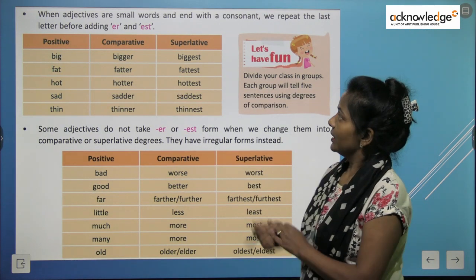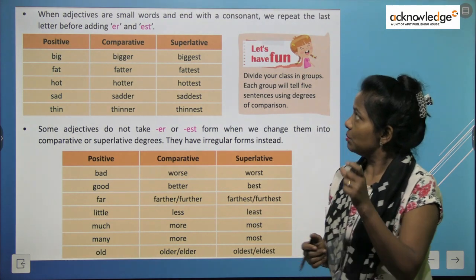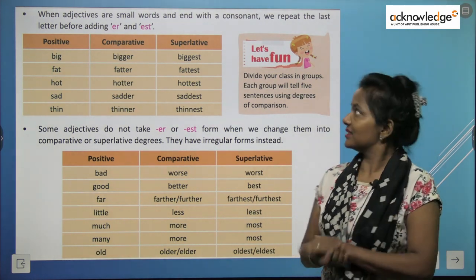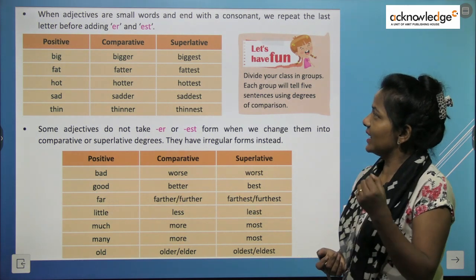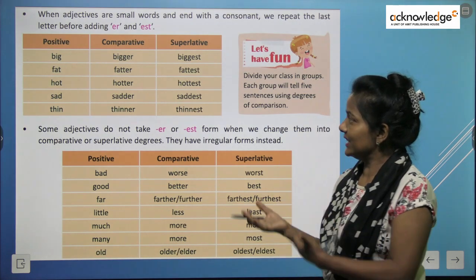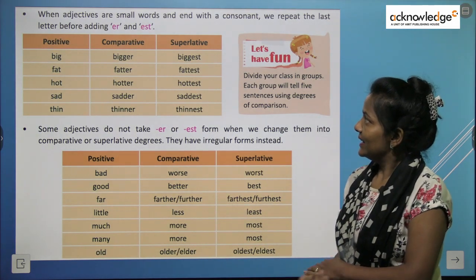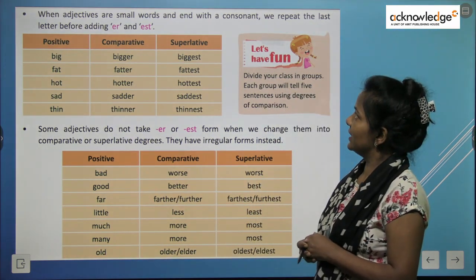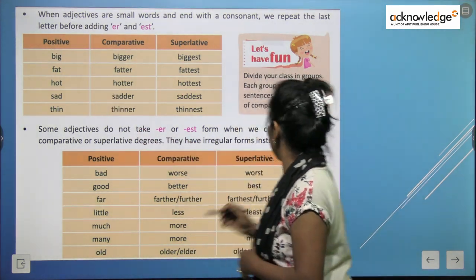Now, when adjectives are small words and end with a consonant, we repeat the last letter before adding er and est. देखिए जब adjectives छोटे होते हैं, small adjectives are there और वो consonant से end करते हैं.